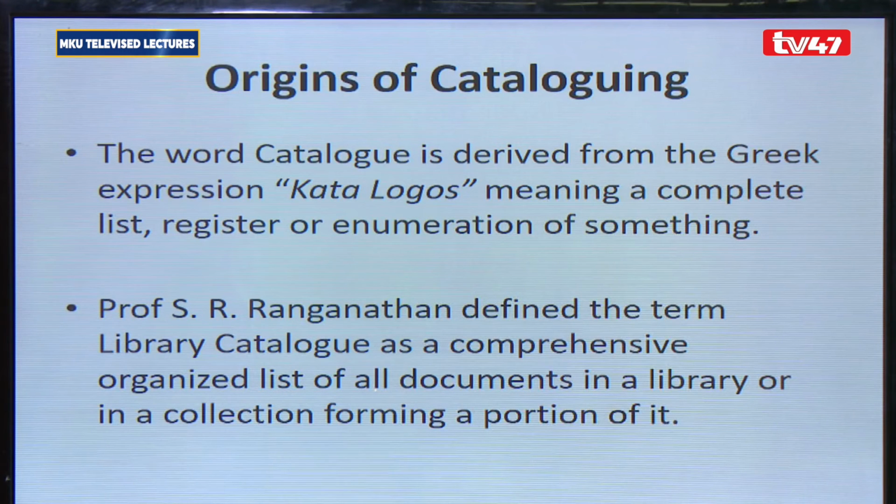Outside the library scenario, a catalog is a complete, organized list of items and their description. But we will stick to the library science bit of it in this lecture.